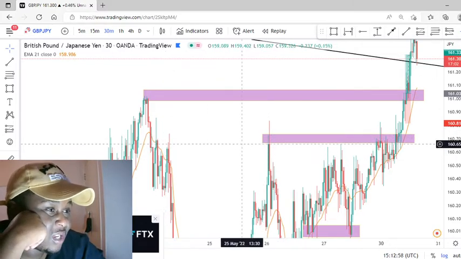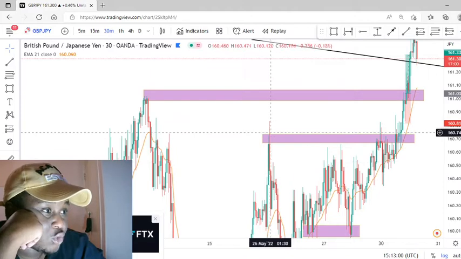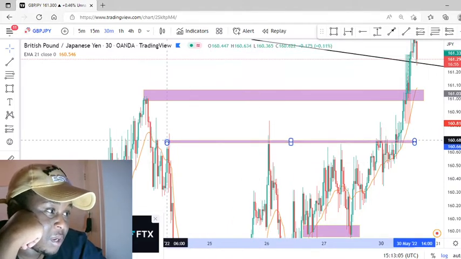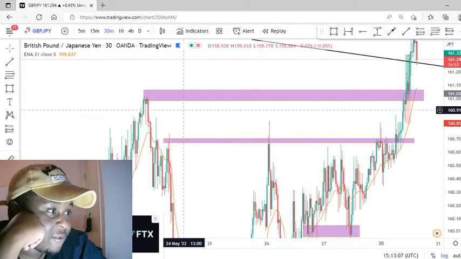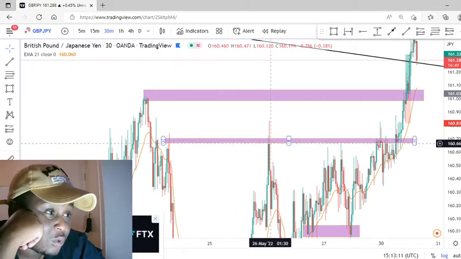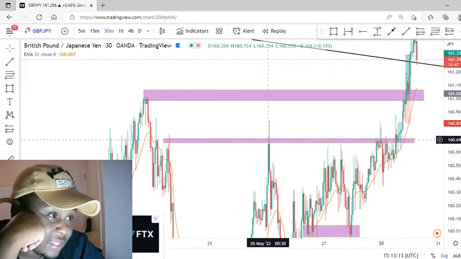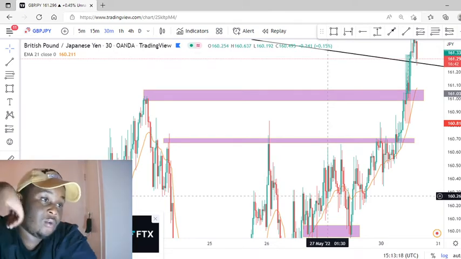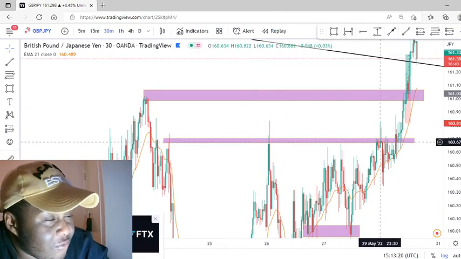I just didn't put it here, I just don't want it to look messy. Okay, let me just put it just to make my point. So it failed to break this high, went down, came back and failed to break the same high, went down, came back around the same level in the market.